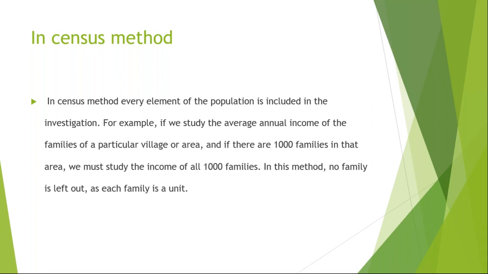For such a finite population, you can use the census method to carry out an investigation. With this, no family is left out. All the family units are included in the investigation. So that's the first method of carrying out an investigation in a population.